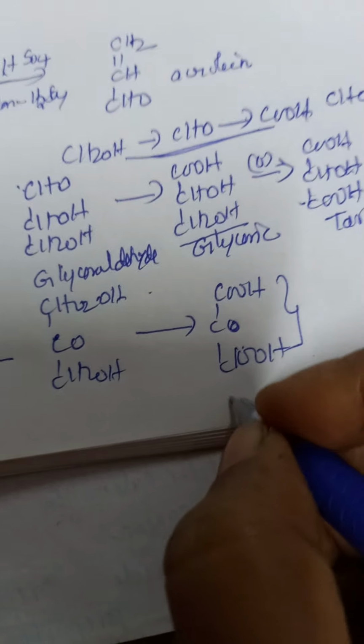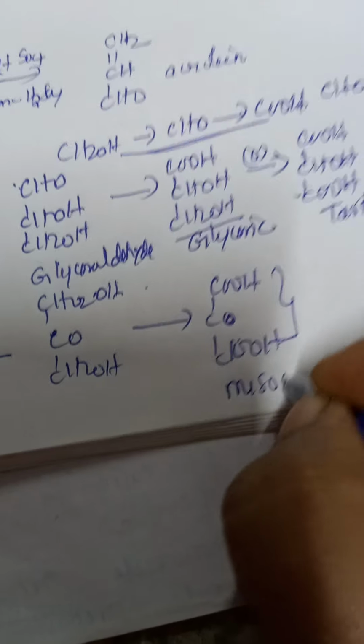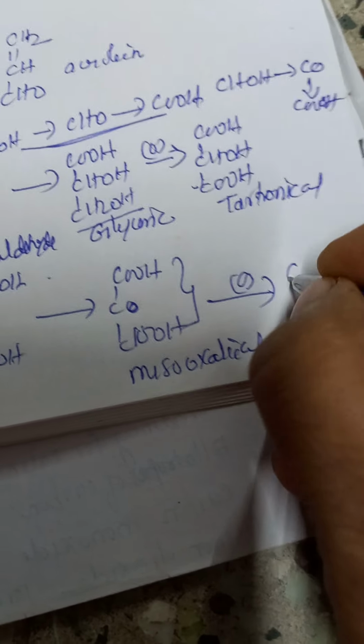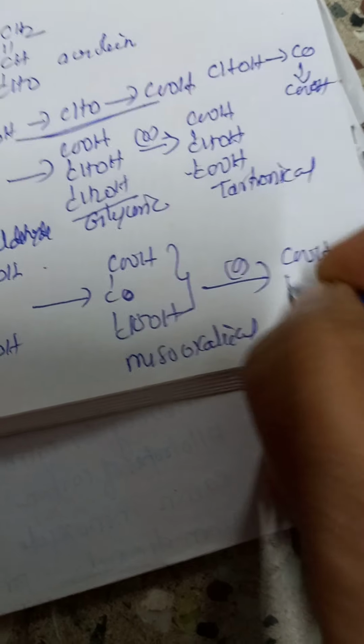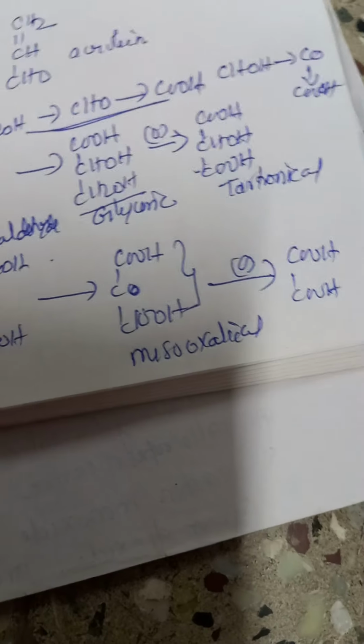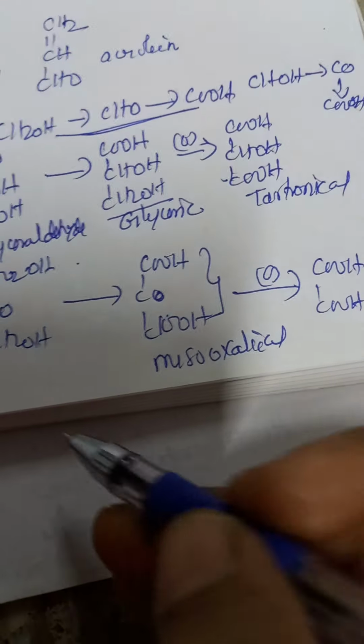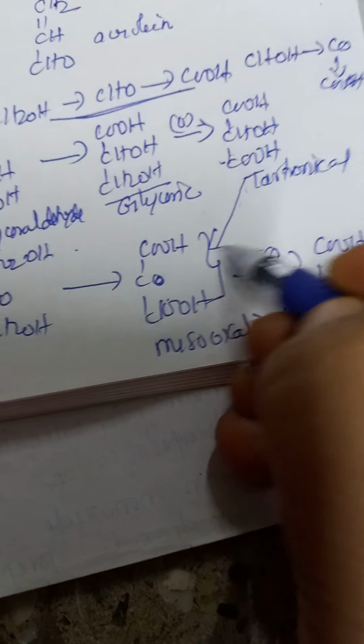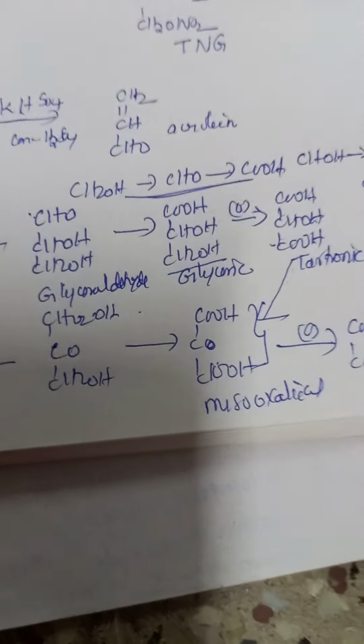This is called mesoxalic acid. Then on oxidation it gives a dicarboxylic acid called oxalic acid. This is also one step. Otherwise, this giving this can be followed.